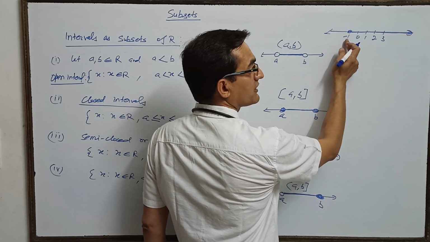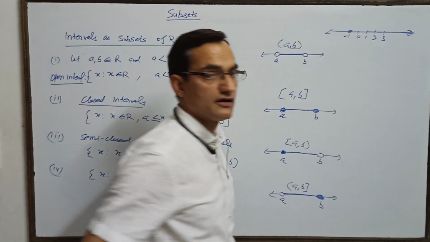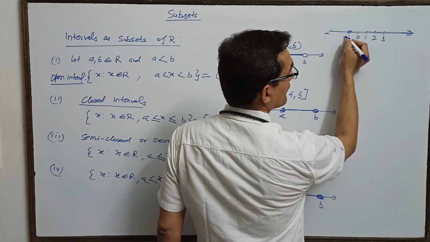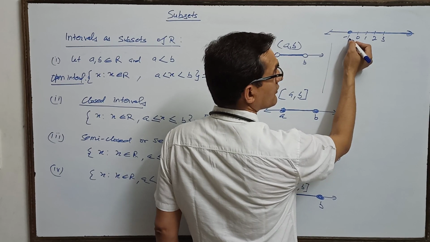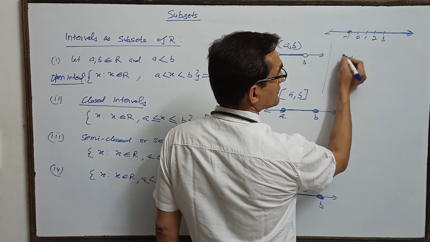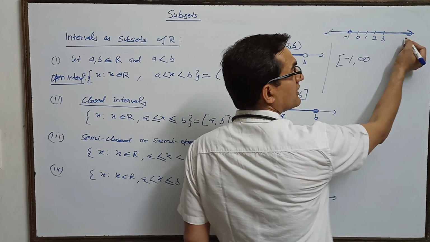From -1 is included and it goes up to infinity. If we represent it in interval form, we will write [-1, infinity). It is closed towards this side, comma infinity, it goes towards positive infinity.